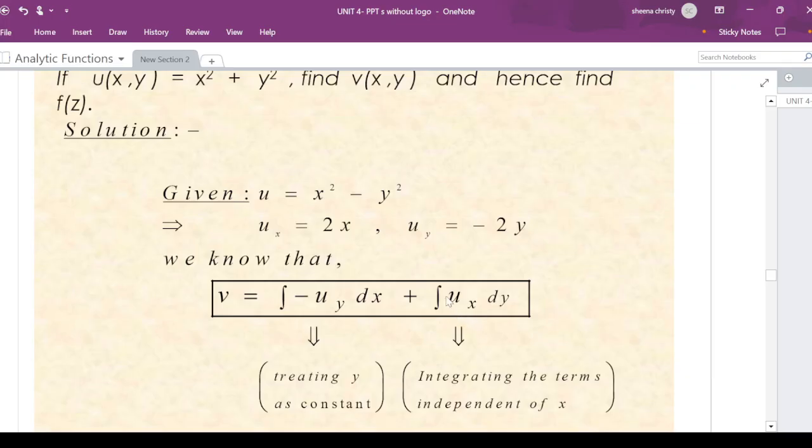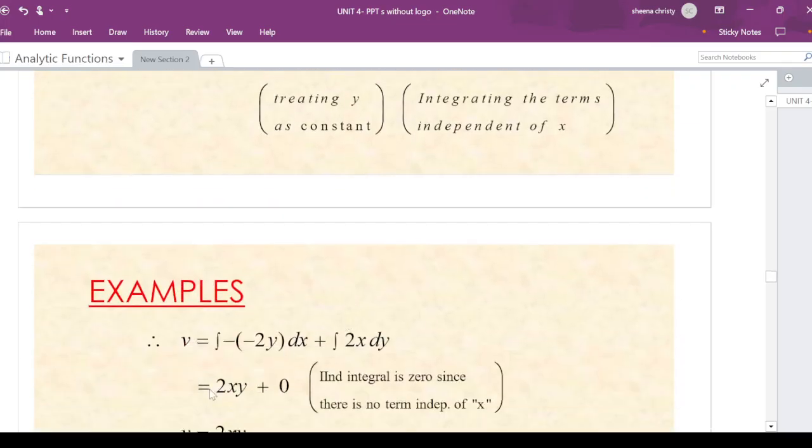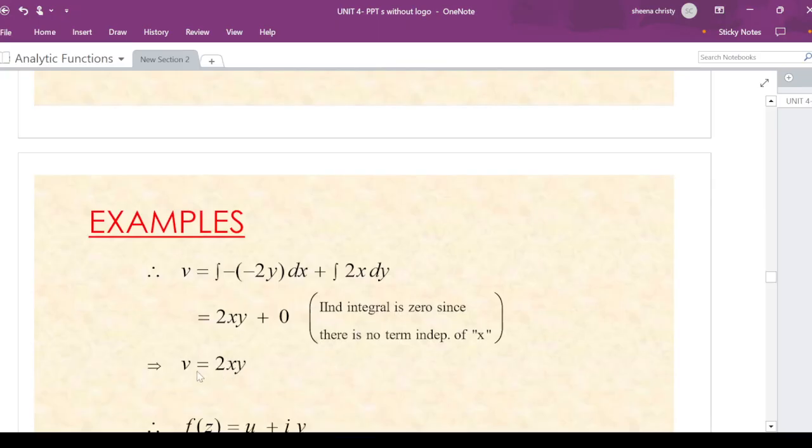In that you have to consider only terms which involve y. So here in ux, there is no y term, therefore this will be considered as 0. Here integral of minus of minus 2y will give you plus 2y into dx. Therefore you are going to have 2xy. The second integral part is going to be 0 because it is not independent of x. So v equal to 2xy.